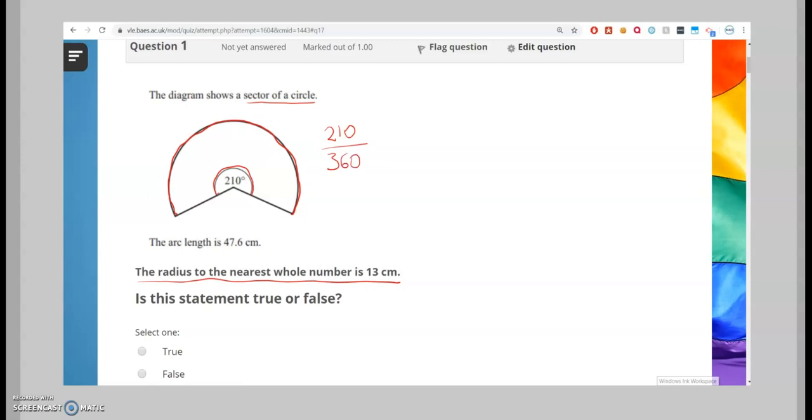Then we'd multiply this by 2 pi r, so we'd have 2 pi r, and that is equal to 47.6 in this case. We know there's going to be multiplication between these numbers and symbols, so we'll get a calculator out to work this out.